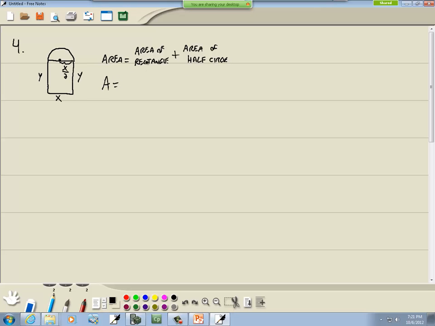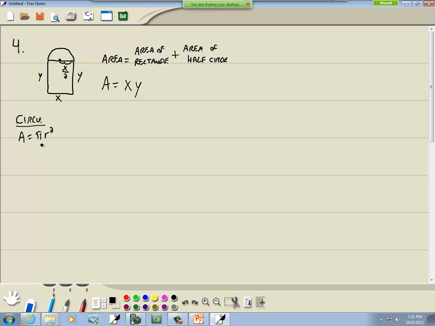So I'll just label that as A. Area of the rectangle, that'd be x times y. Take this side times this side. Now area of the half circle. If we got a circle, our area is pi r squared.